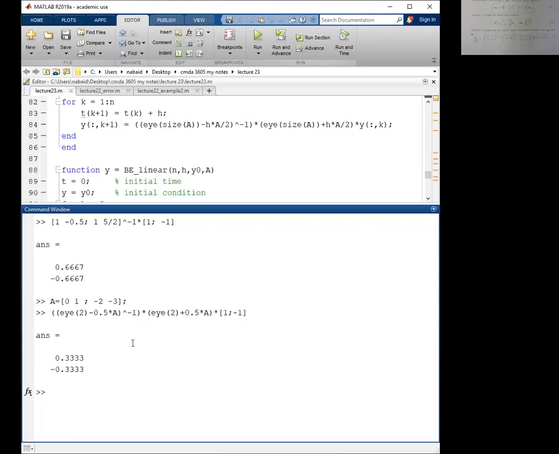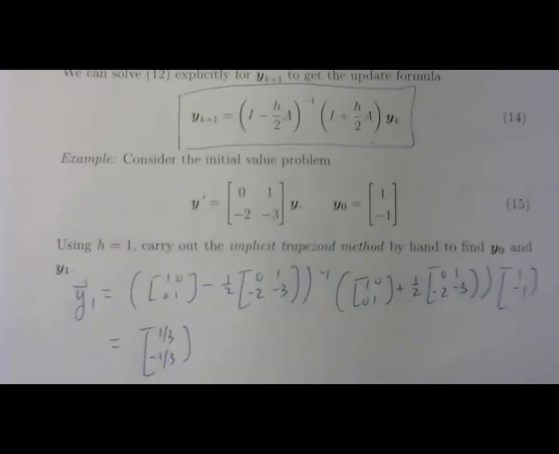And I got some numbers which are different than in the last case. Maybe closer to the exact solution, although not necessarily what I'm concerned with for this example. So yeah, pretty straightforward how we plug this in.